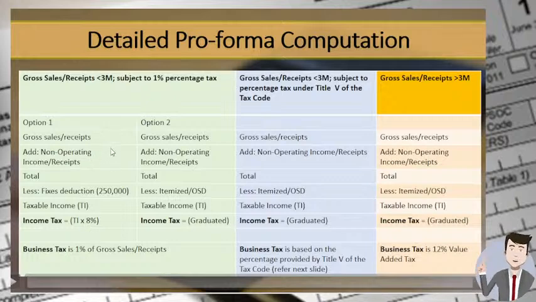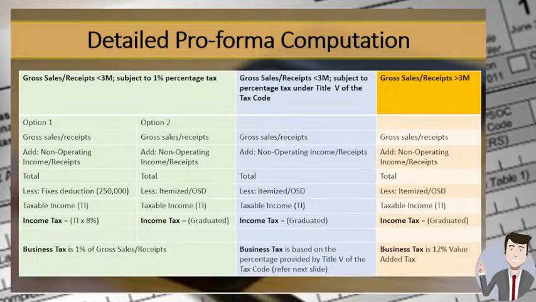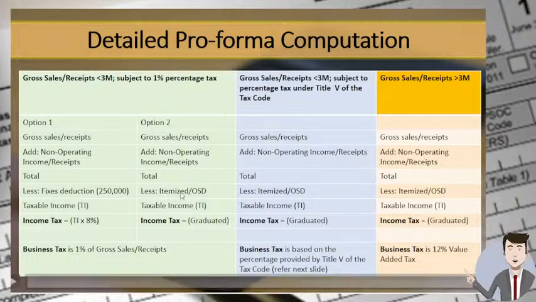And the second option, if the taxpayer feels that it would be beneficial to his tax due, he or she can select the graduated income tax rate, using the tax table.